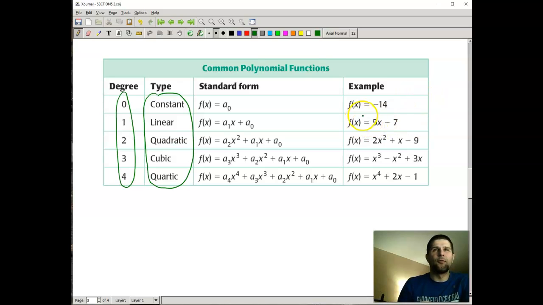So it has this form right here, mx plus b form. Maybe just write down these two columns and maybe just an example here might be sufficient. We have a quadratic, which we actually haven't talked about yet in this class, but we will jump back to it. If we have a degree 3 polynomial, which is x cubed, it's called cubic. And then if it's to the 4th, it's called quartic.